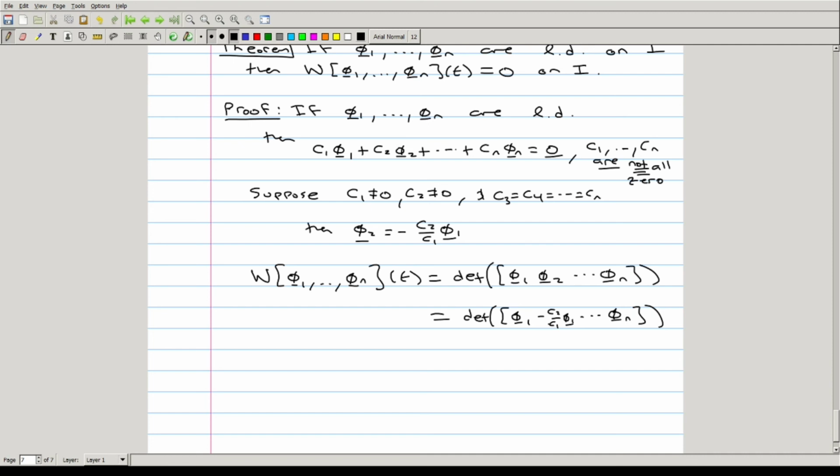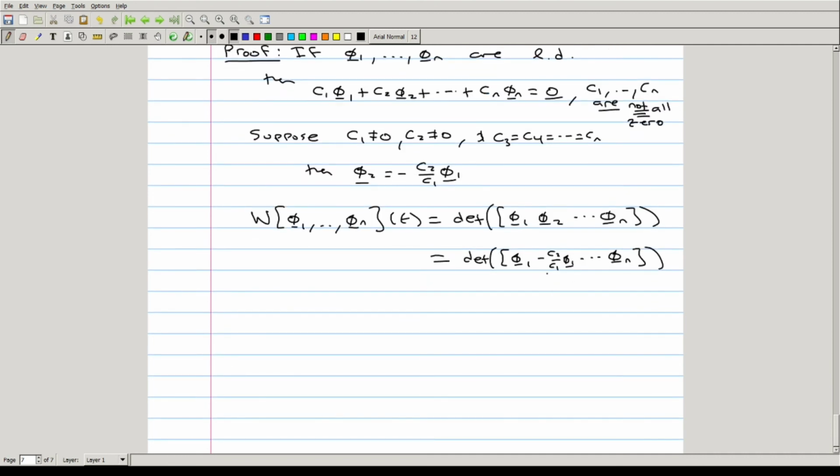And you'll remember from linear algebra that because this column of this matrix is linearly dependent on this column, the determinant is equal to 0. So this can be generalized to the general case, but I just wanted to illustrate why this is working in this proof.